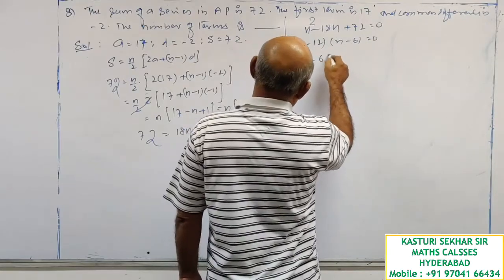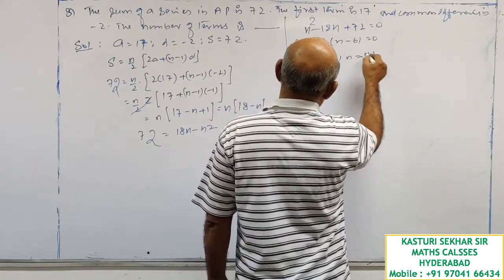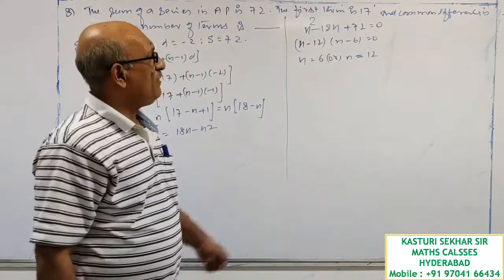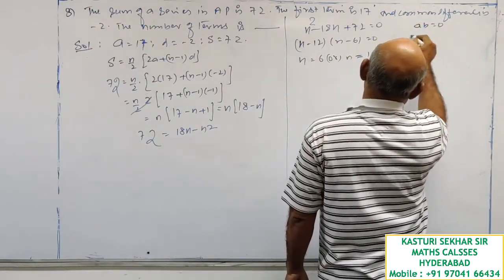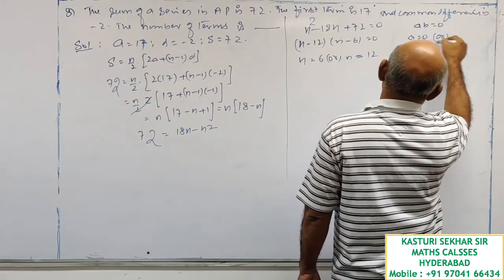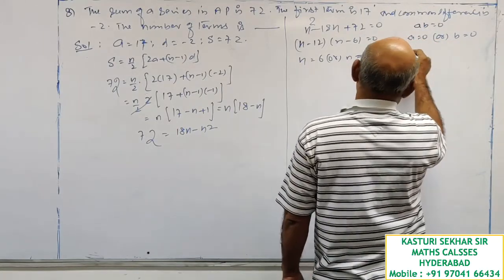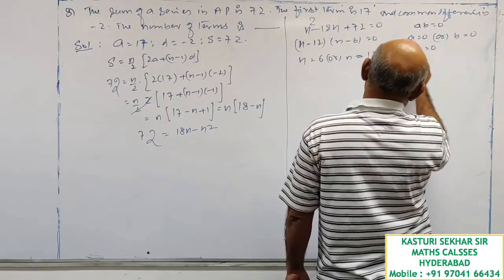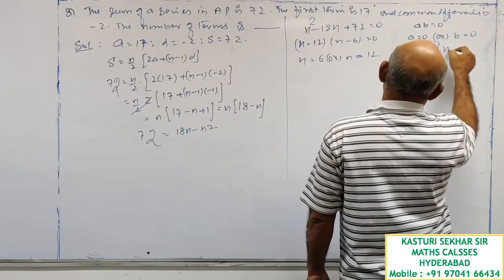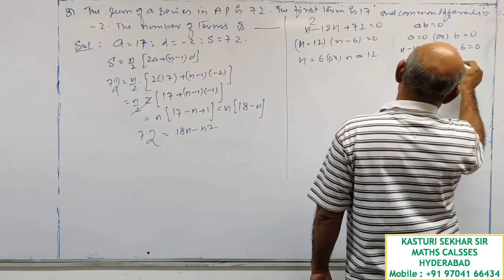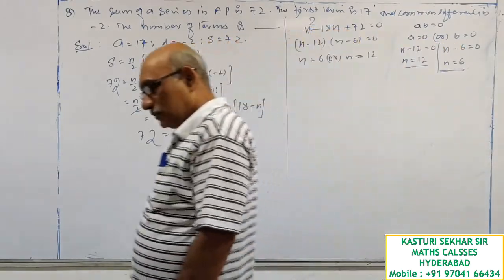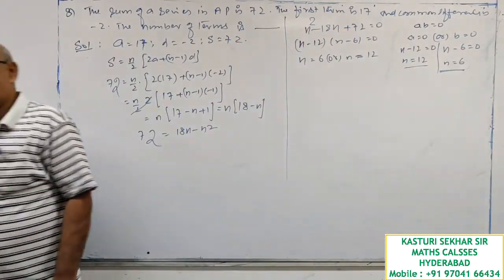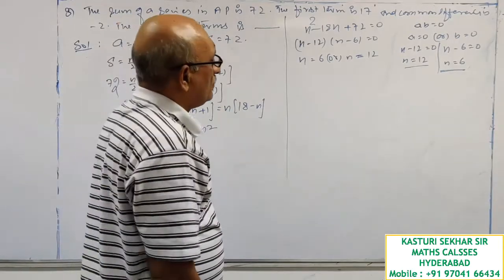When the product of two numbers is 0, AB is equal to 0 means A equal to 0 or B equal to 0. So n minus 12 is 0, n is 12. n minus 6 is 0, n is equal to 6. This way you have two values.